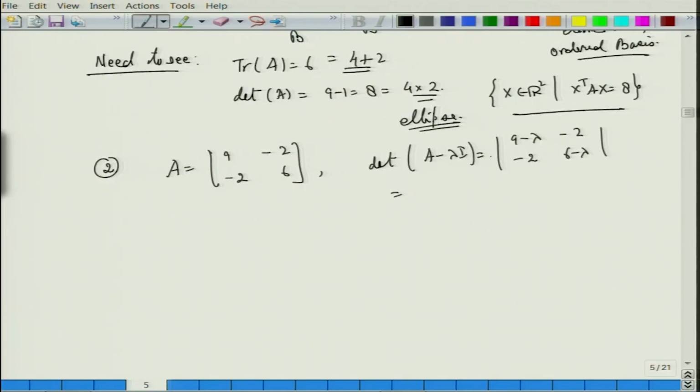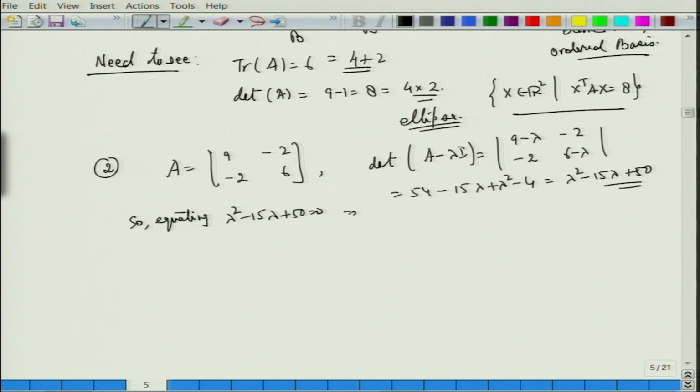This is 54 minus 15 lambda plus lambda square minus 4, which is lambda square minus 15 lambda plus 50. Equating lambda square minus 15 lambda plus 50 to 0 gives (lambda minus 5)(lambda minus 10) equal to 0.